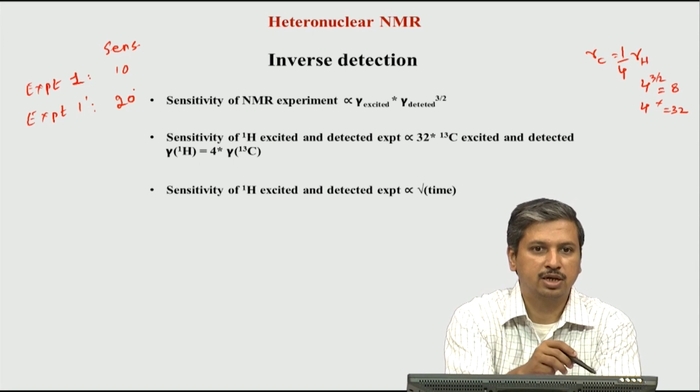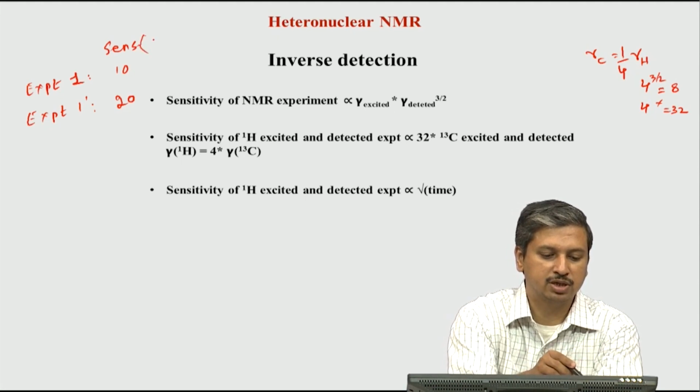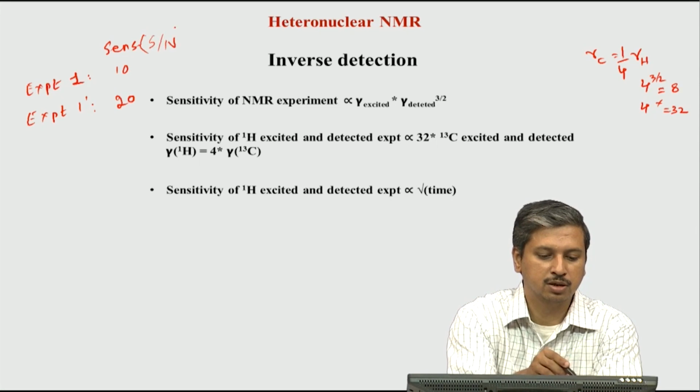So, what is written here? What we are trying to see is that I have an experiment number 1 which has, let us say, a sensitivity of 10. Remember, sensitivity is basically signal to noise.